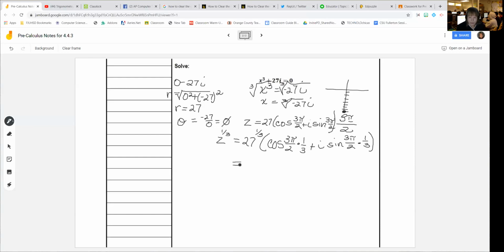So we get 3 cosine pi over 2 plus i sine pi over 2.